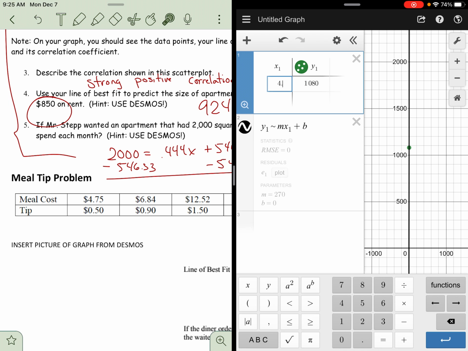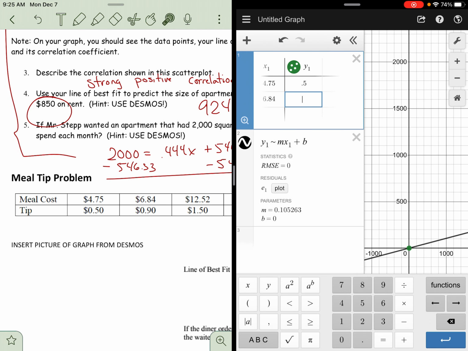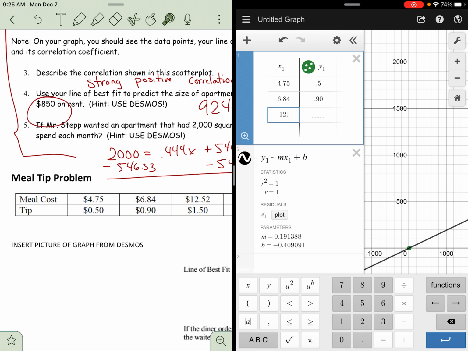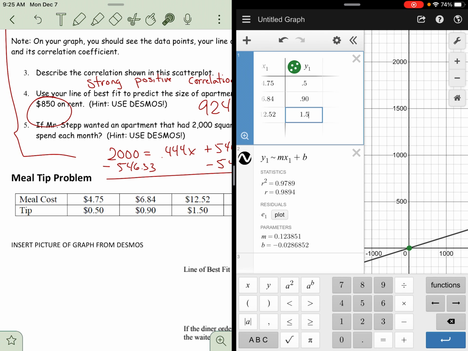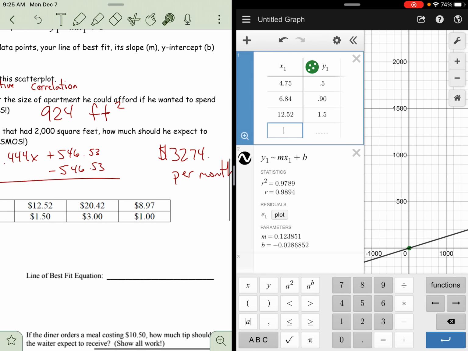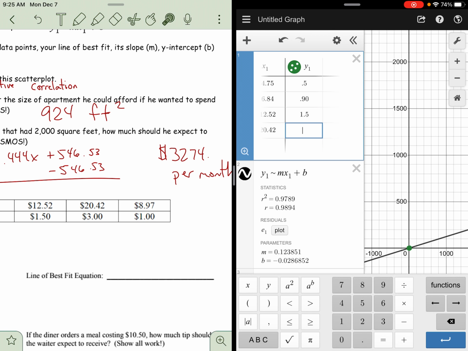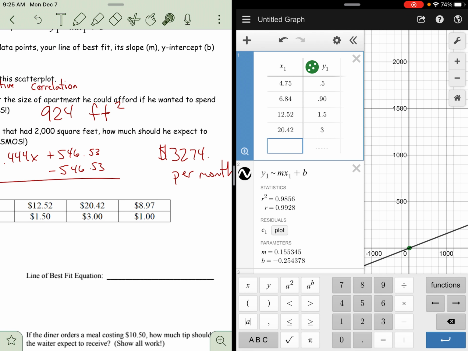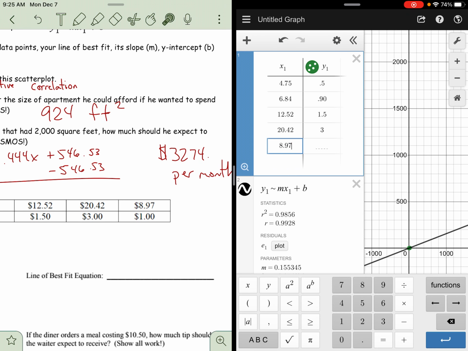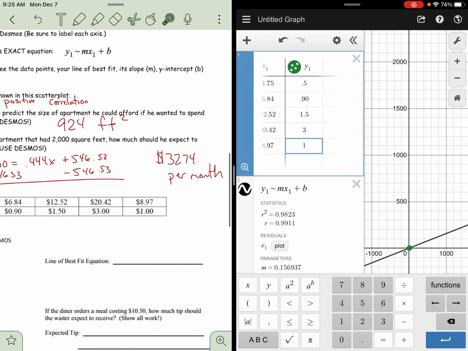So $4.75 is the meal cost, and 0.50 is that first tip. 6.84, 0.90, 12.52, 1.5, 20.42, $3. Some of these people I feel like are tipping very cheaply. $8.97, they leave a $1 tip. Kind of cheapos.